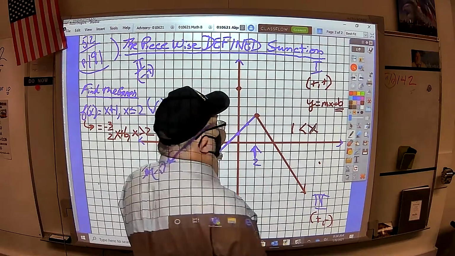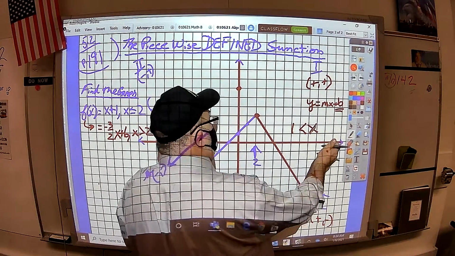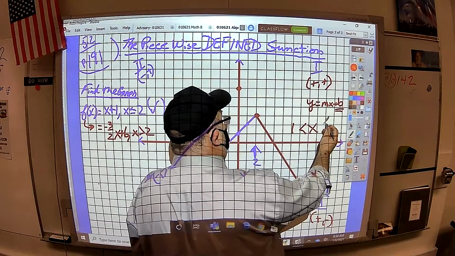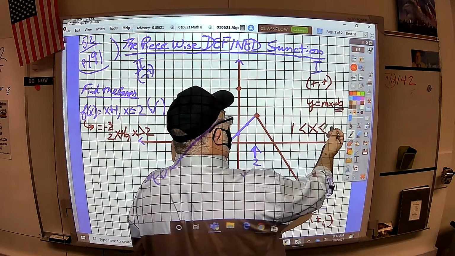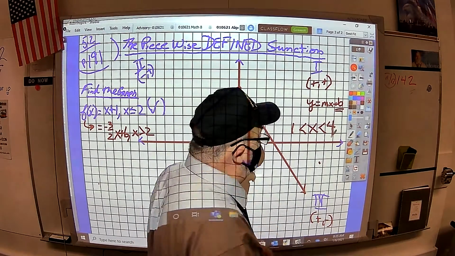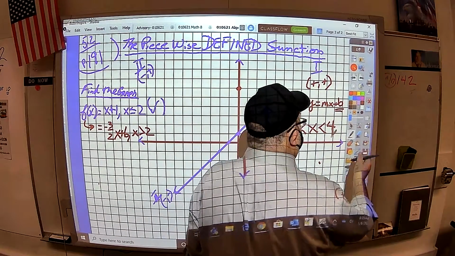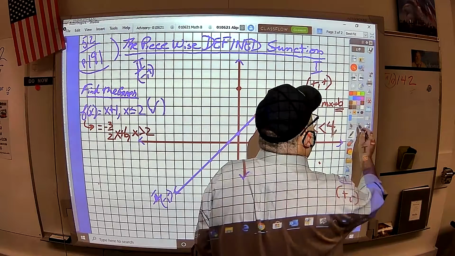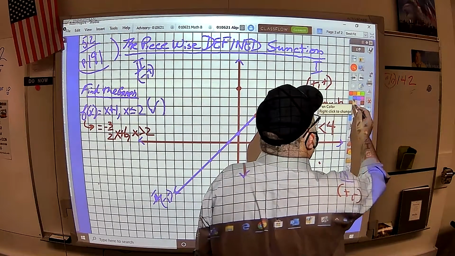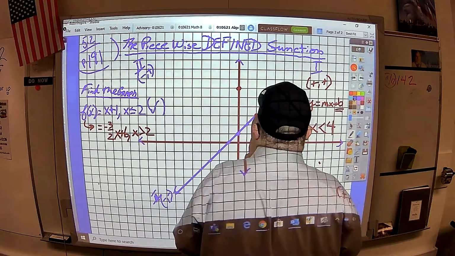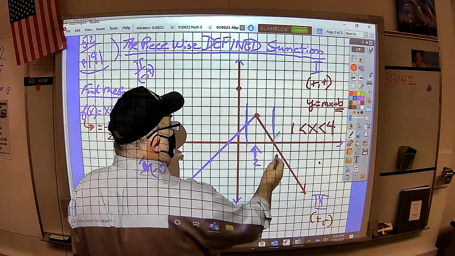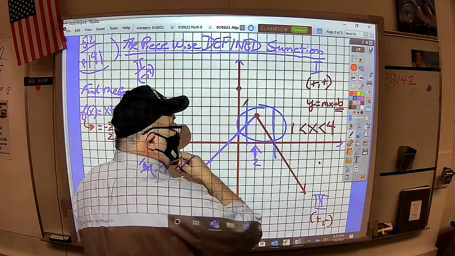And then I said x is also less than 4. Then the section of the line I'd be looking at for a piecewise function would be, and I want to use a different color here, this section of the line, only that section of the line.